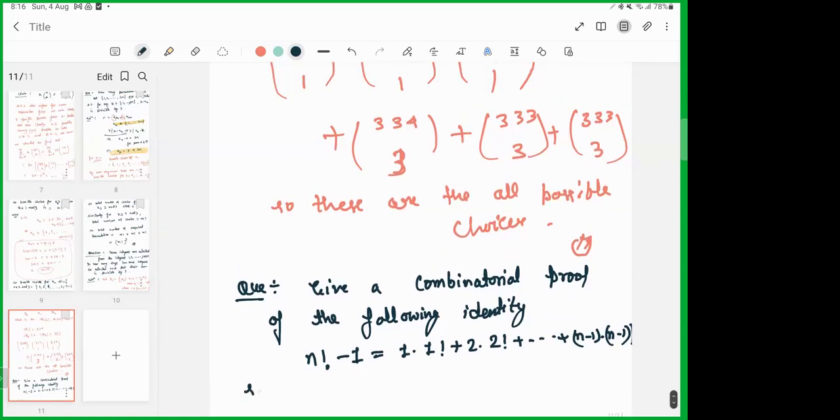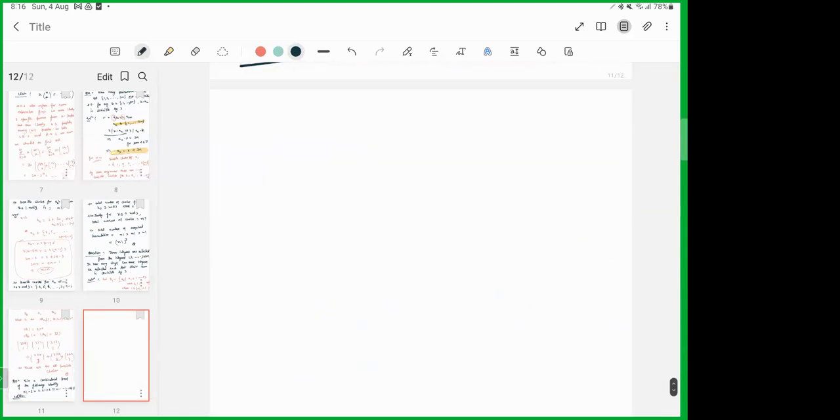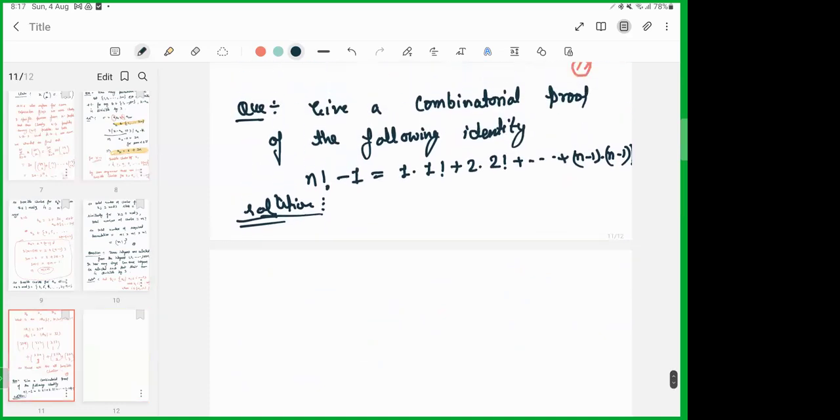So yes, this is the question. Give a combinatorial proof of this identity: n factorial minus 1 is the same as this thing.